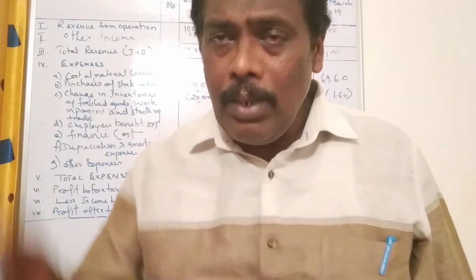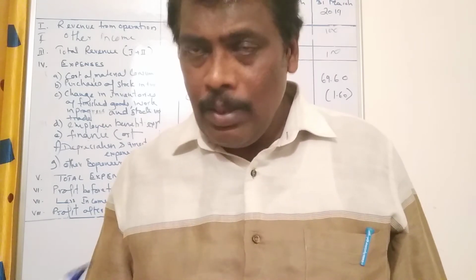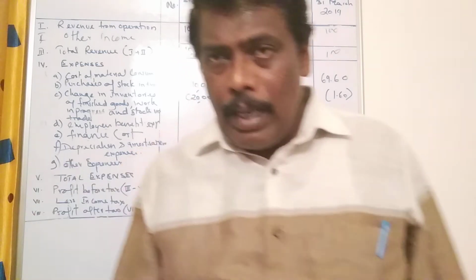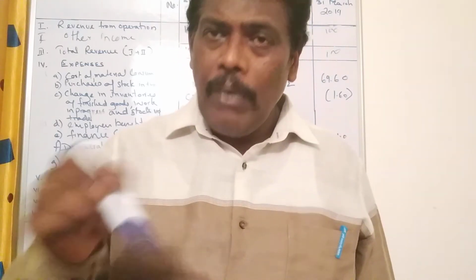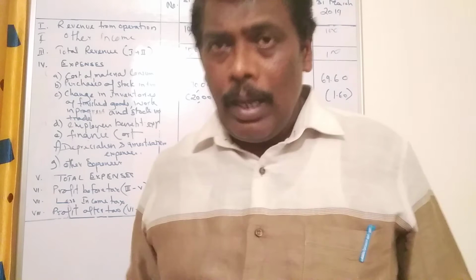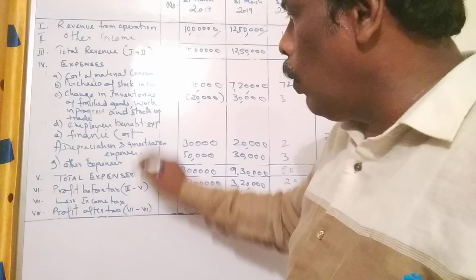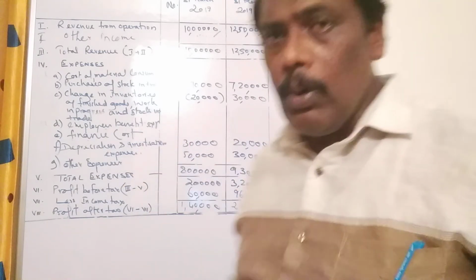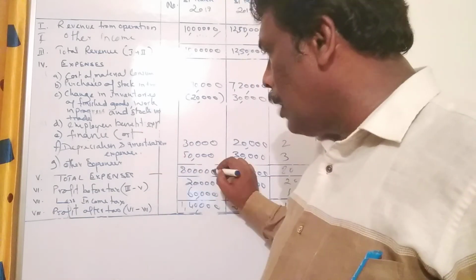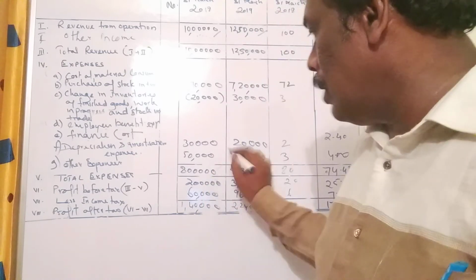Depreciation means the reduced value of tangible assets. Similarly, amortization means the reduced value of intangible assets. And the last one, if any other expense is given, that has to be recorded. After recording all the expenses, the next step is to find the total expenses by adding all the expenses, recorded against the fifth Roman letter.